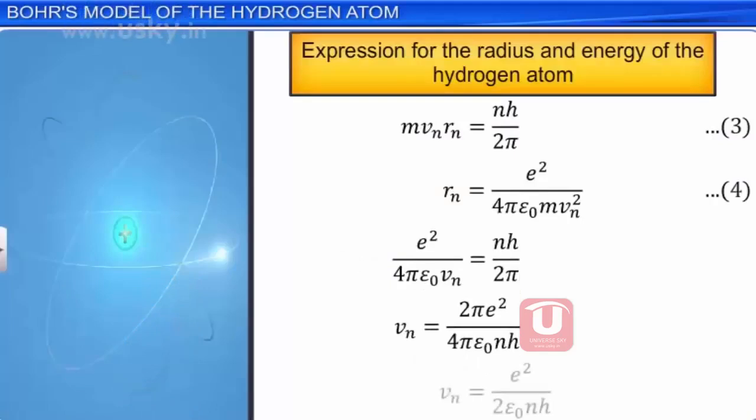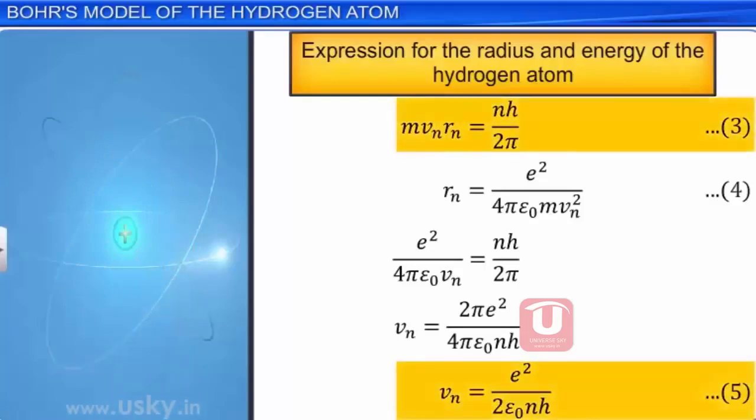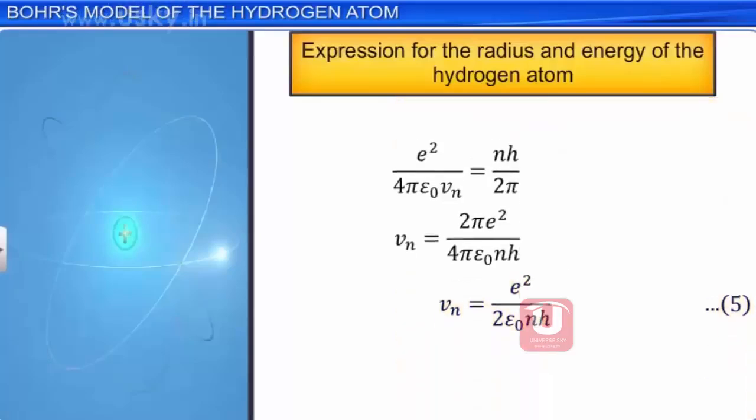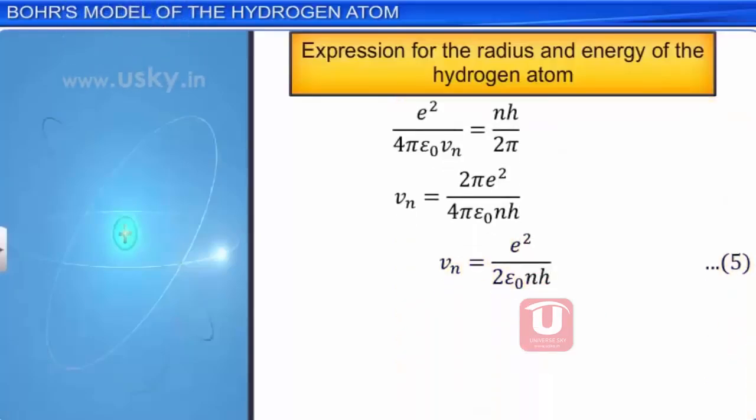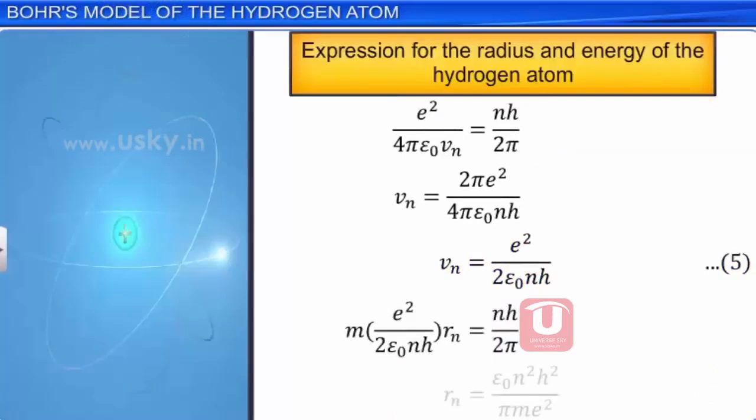Let this be equation 5. Substituting equation 5 in 3 and simplifying, we get rn is equal to epsilon naught n square h square by pi m e square. Let this be equation 6.